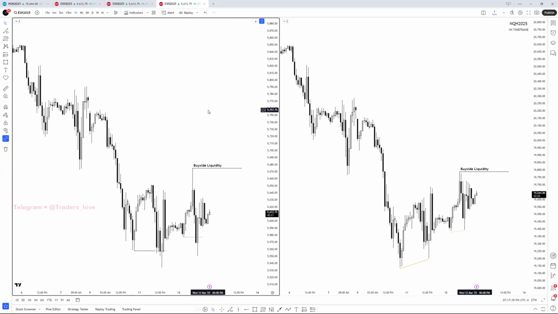Using the 1 hour reversion level as a PD array, how could you have entered in a lower time frame? If you go look within there, there was more than likely another entry technique that I've taught.